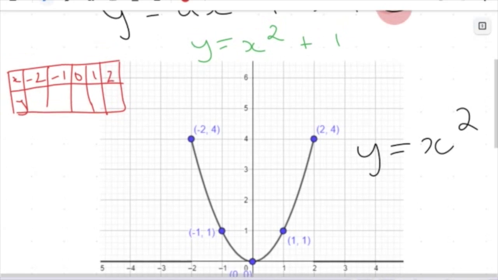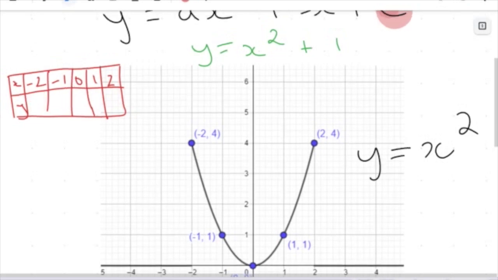If you want to practice, you can pause this video and have a go at finding all of the y values by substitution, but I'm going to do this now. -2 squared is 4, plus 1 gives me 5. -1 squared gives me 1, plus 1 equals 2. 0 squared equals 0, plus 1 gives me 1. And 1 squared plus 1 is 2, and then 5 again when x equals 2.